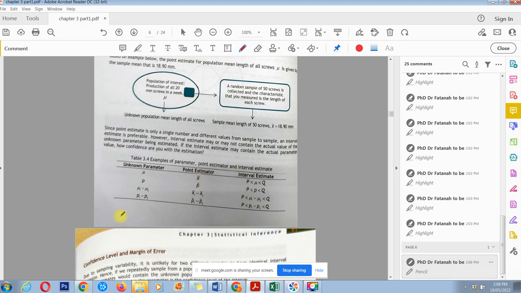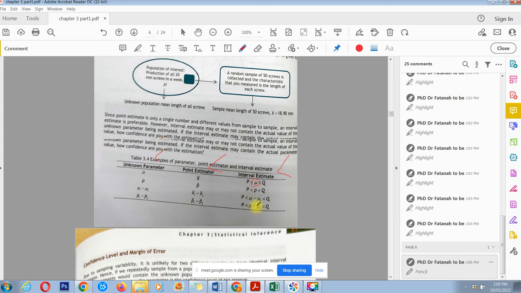For interval estimation we put, maybe, P and Q referring to any interval that represents this estimation. If we have two means, we have an interval estimation like this, and if we have two proportions, we have a proportion interval estimation like this. So the difference is that a point estimation is just a single value, without this plus-minus symbol. The interval estimate always comes with these two symbols.